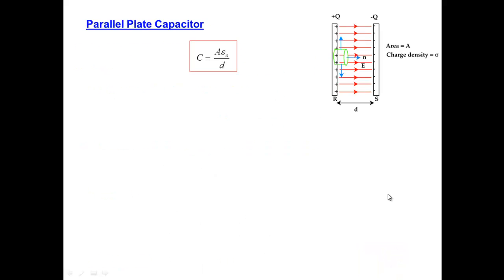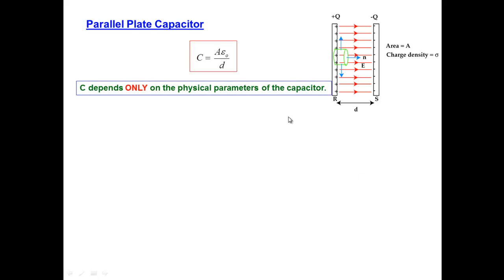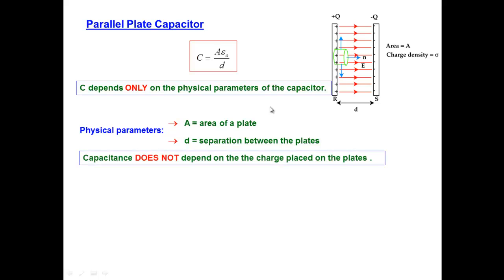Okay, so that's important. So here's the result once again. As I said, C only depends on the physical parameters of the capacitor. If we change the plate area and if we change the separation distance, we'll have different values for C. But it only depends on the geometry and the size of this device. The physical parameters, of course, A and d, and it does not depend on the charge.